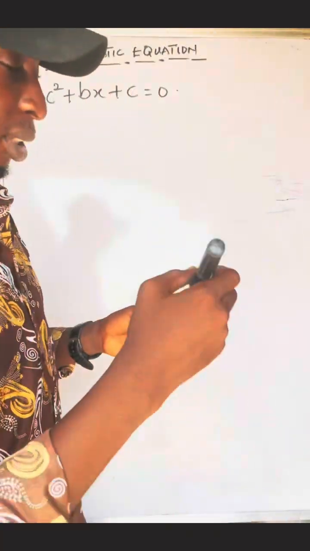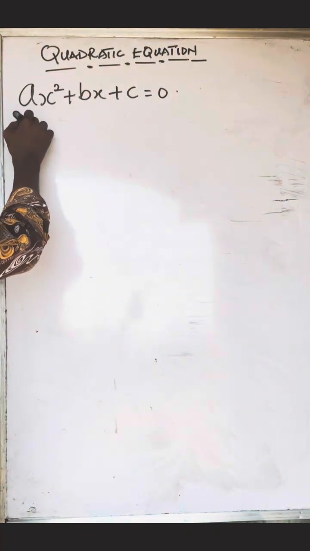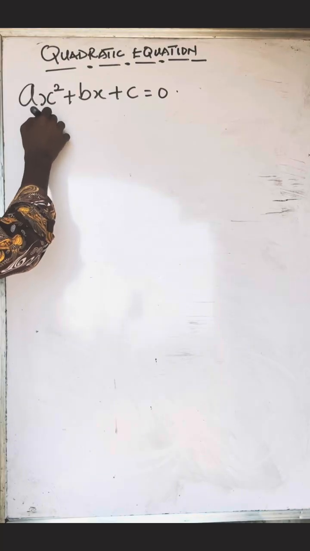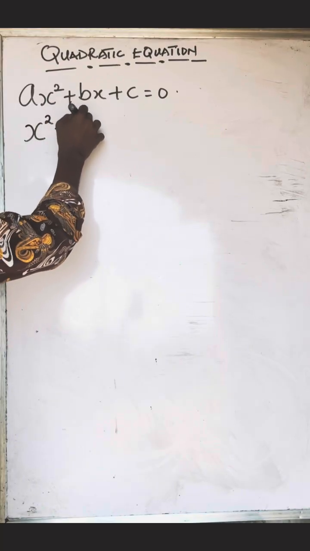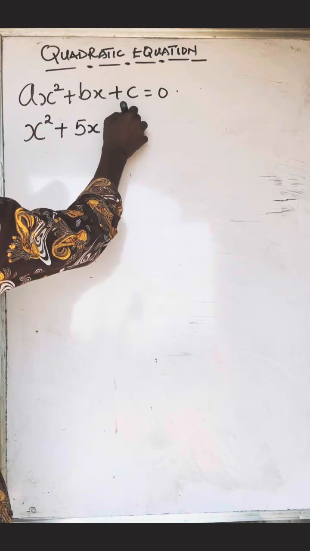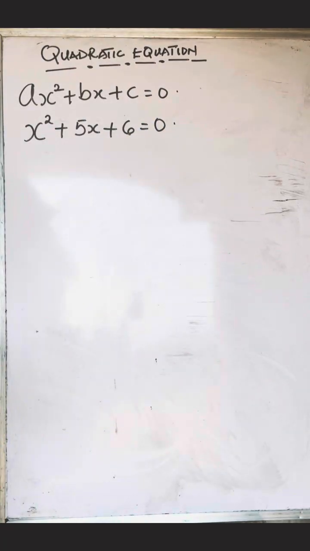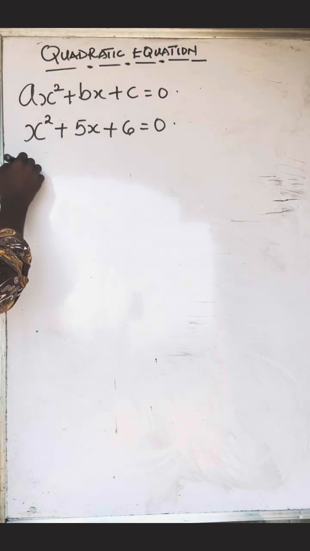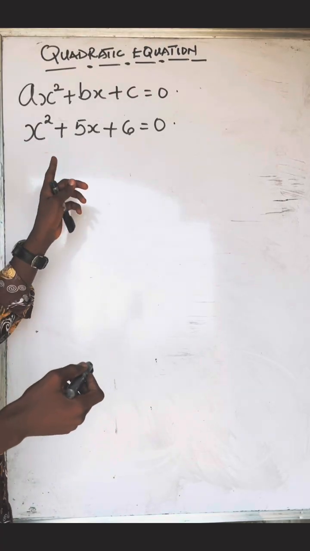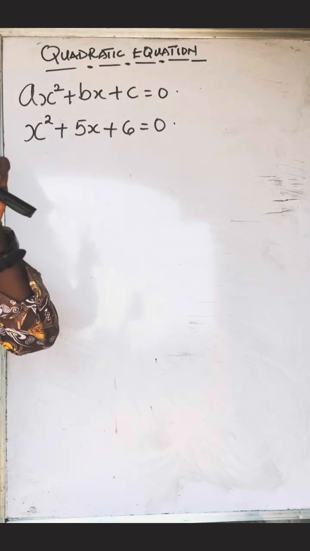Now, let me give you a very simple example. If I have a quadratic equation of the form x squared plus 5x plus 6 equals 0, and I have to solve this using my trick. Remember, for every quadratic equation, you are likely to get two answers.